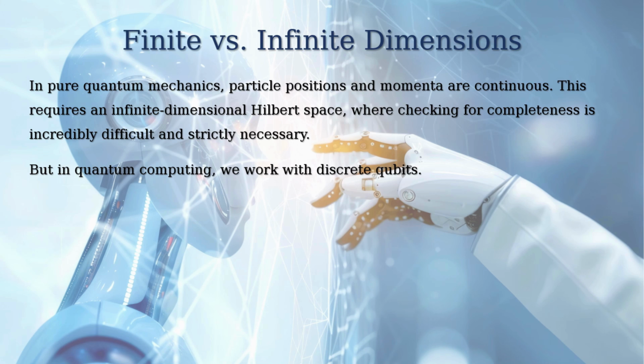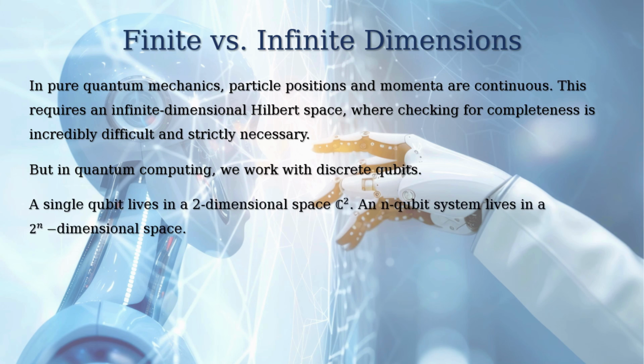But in quantum computing, we work with discrete qubits. A single qubit lives in a two-dimensional space, and an n qubit system lives in a 2 to the power n dimensional space. These spaces are finite dimensional and they are complete.